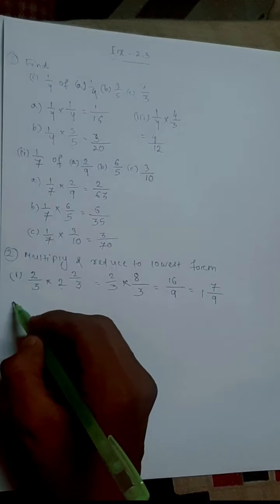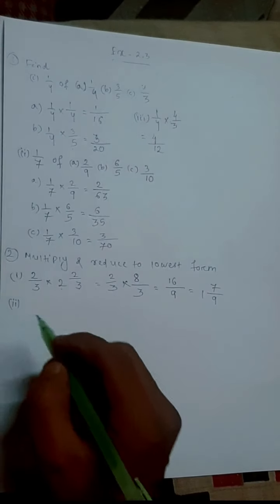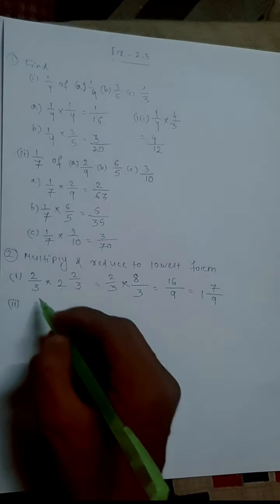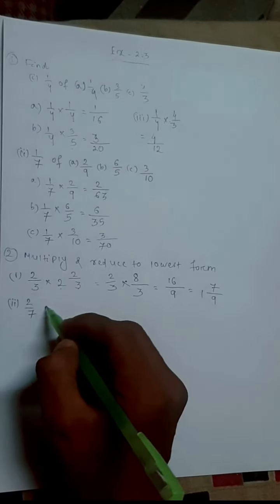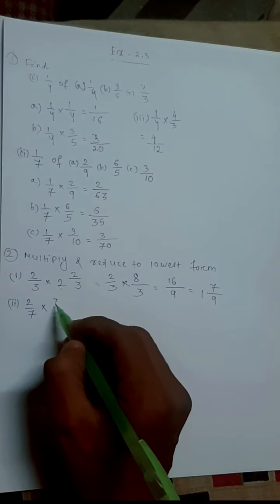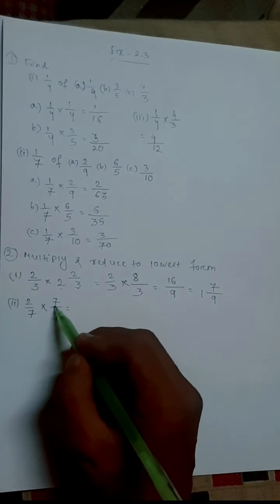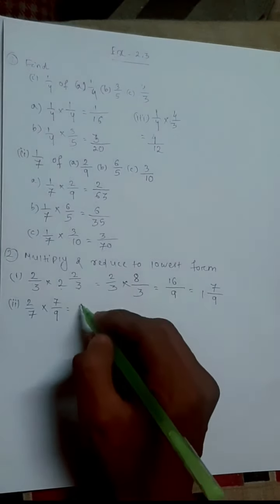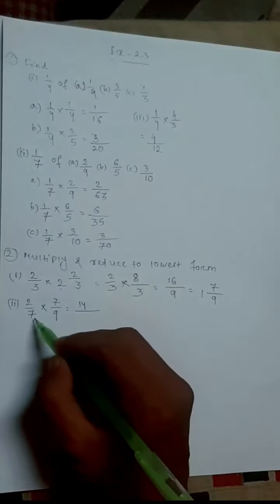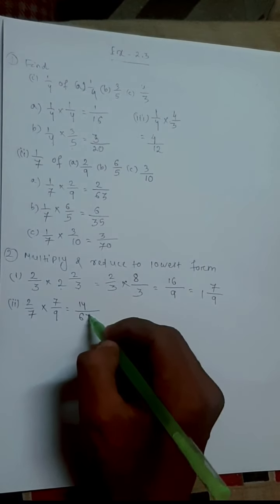Okay, now second part: 2 upon 7 into 7 upon 9. Here multiply both the numerators. 2 times 7 is 14 upon 7 times 9 is 63.